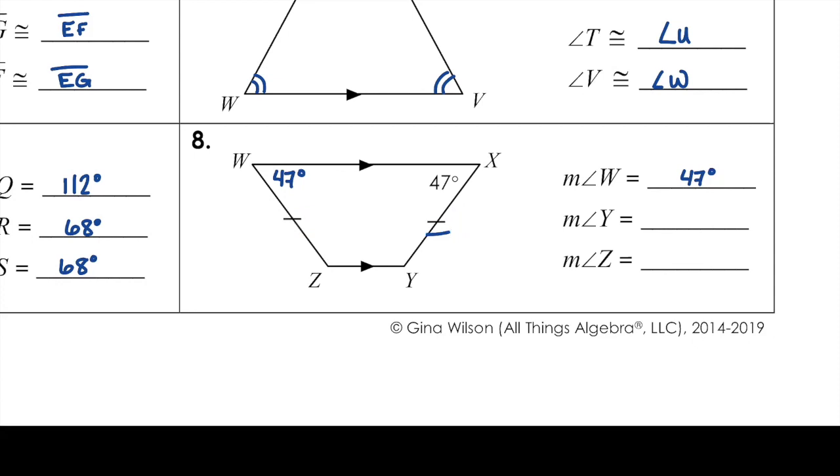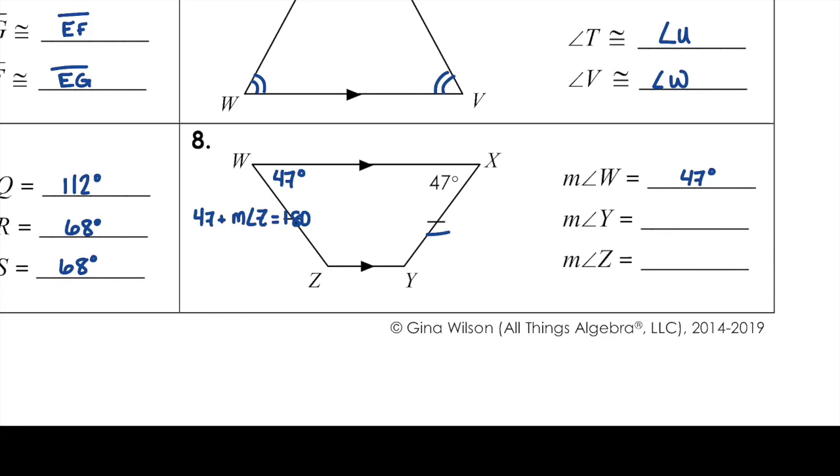So now that I know W and X, how would I find Z or Y? 47. Absolutely. Z and W are supplementary. So like you said, we're just gonna subtract 47 from both sides.